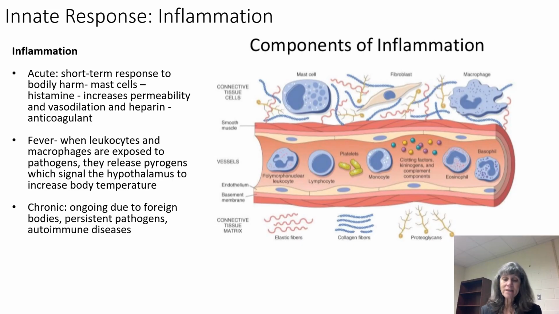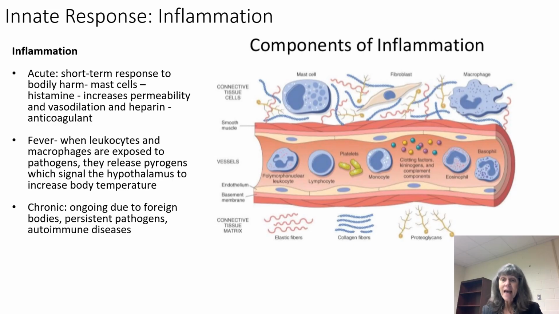And when tissue damage occurs because cells are either exposed to too much heat or chemicals or electricity or trauma or bacterial toxins that can damage the cells, the mast cells will release inflammatory chemicals, including histamine, which causes vasodilation of the capillaries, which increases capillary permeability.